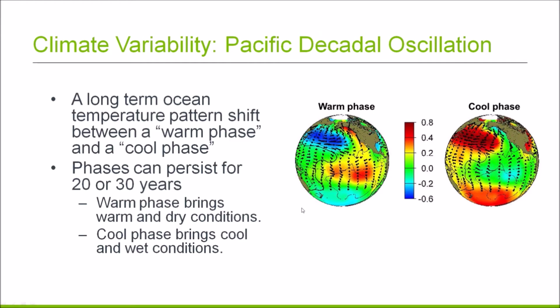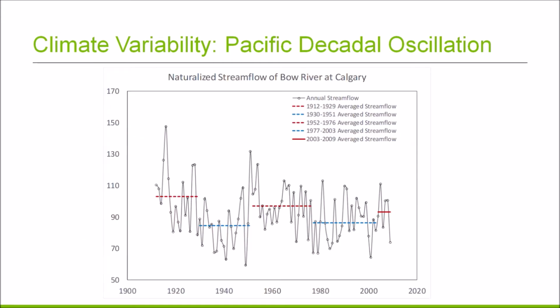And the next thing we call the Pacific Decadal Oscillation. So again, it's a similar kind of oscillation to ENSO, but it happens every 20 to 30 years, so it's a longer phase period. I did a similar plot for the same river.